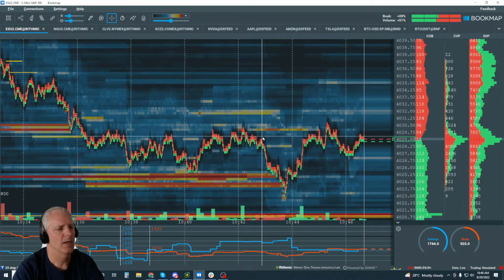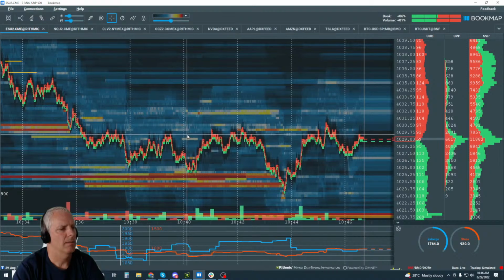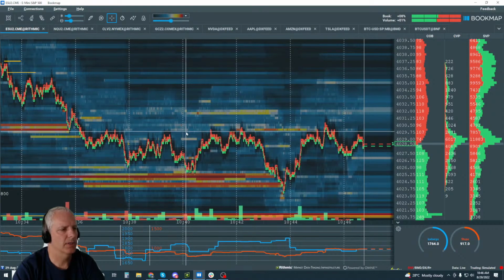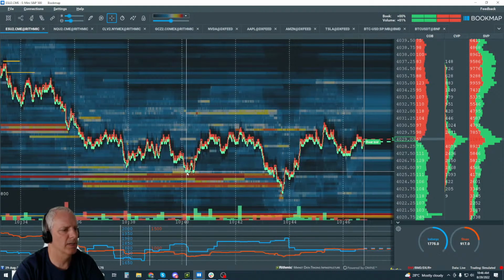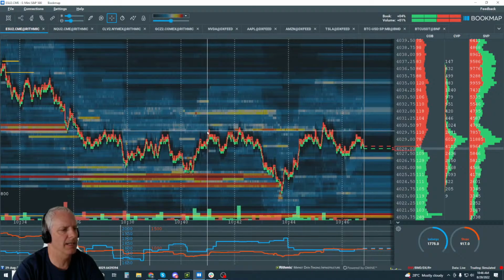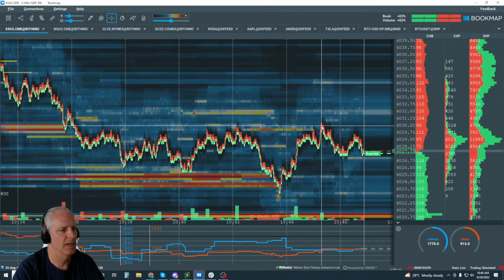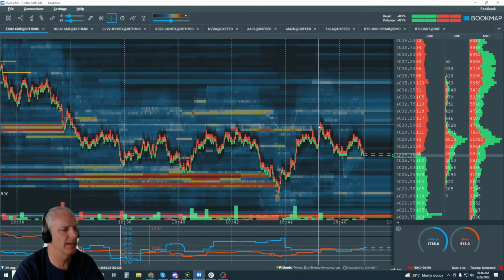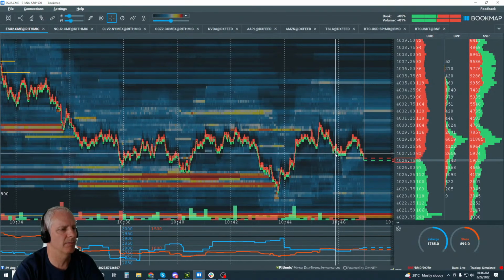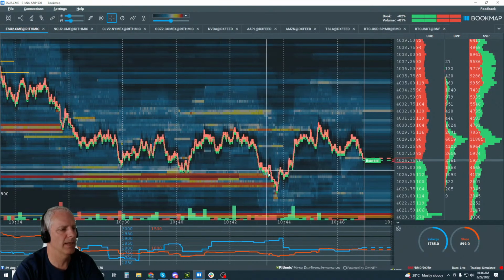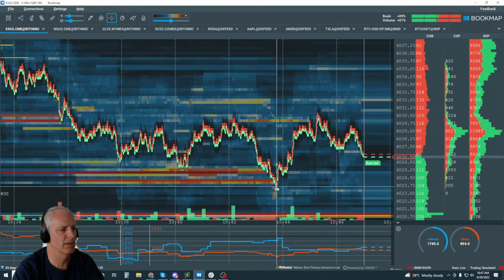Okay, so kind of interesting market structure. Lower lows in here, slightly higher highs, just kind of flirting with it. Here it broke, but it did not accept higher. Okay, it broke down, and we made a nice lower low in here.